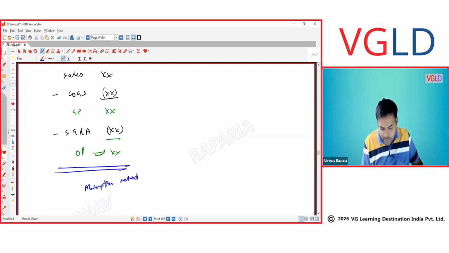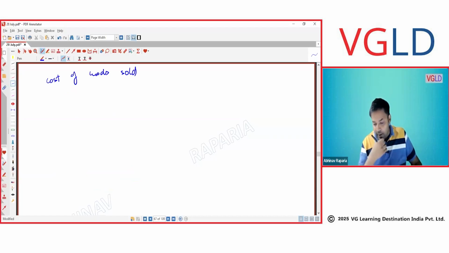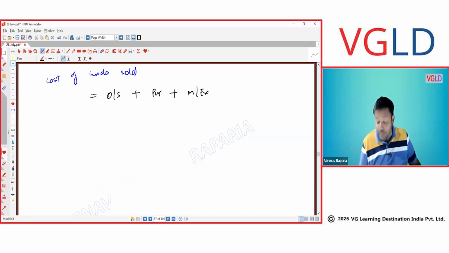I'll talk 5 minutes about the COGS, cost of goods sold. How do you calculate COGS? COGS is basically opening stock plus purchase, plus any manufacturing expenses, minus closing stock, plus or minus any kind of return, minus any kind of discount you're getting, all of it less. That will give you COGS.